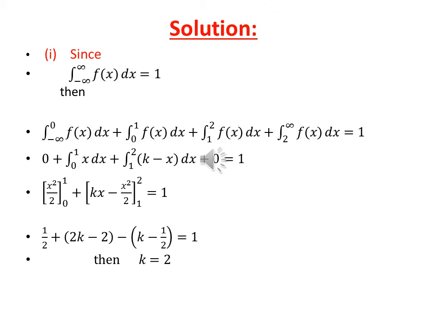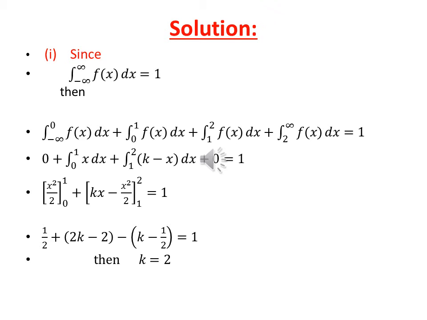So to solve this problem, first, since f of x is a density function, the integration from negative infinity to infinity of f of x dx equals 1. To be a density function, the integration for all domain of the function must be equal to 1. Then the function is defined from 0 to 4.